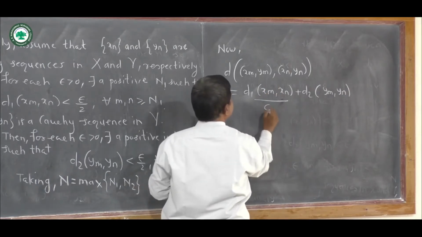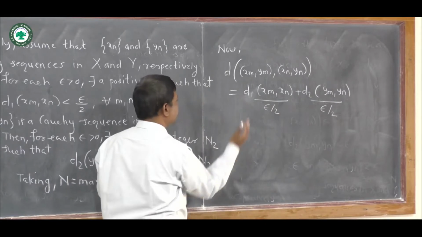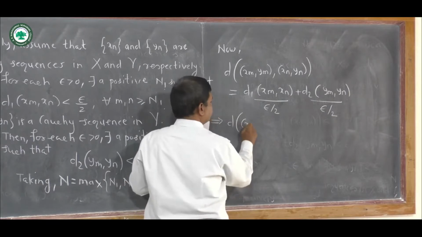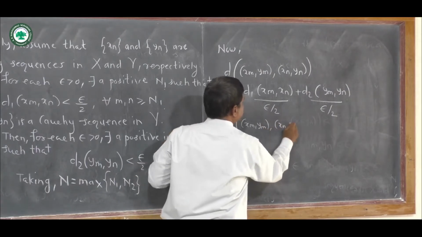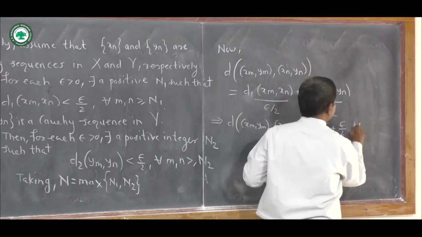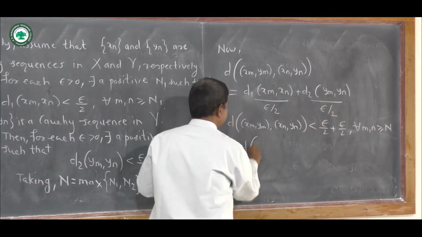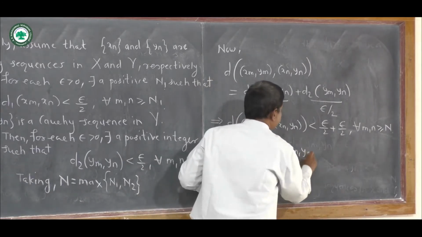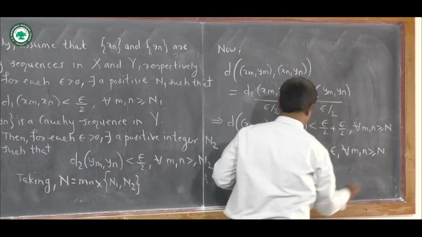Now we know that this is less than epsilon by 2, and this is also less than epsilon by 2 for all m and n greater than or equal to N. So this implies that d of (xm, ym) and (xn, yn) is less than epsilon by 2 plus epsilon by 2, therefore less than epsilon for all m and n greater than or equal to N.